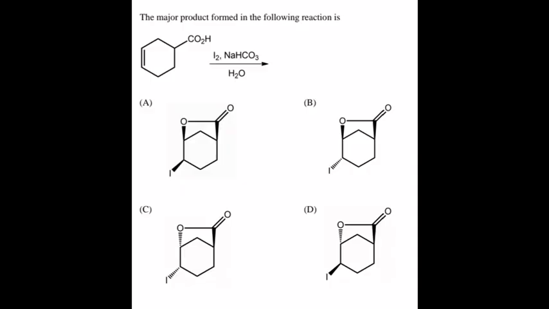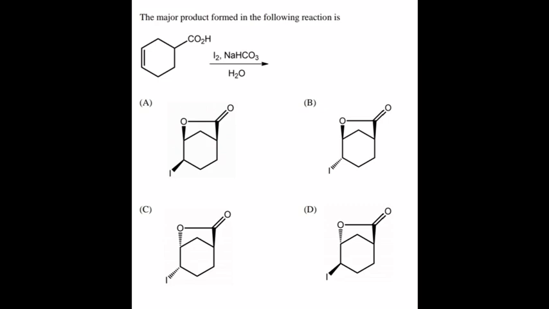Okay, this one is the most important question. This type of question was already asked in GATE 2016 and in the CSIR NET June 2016 exam paper. This one is a direct question on the Favorskii rearrangement.